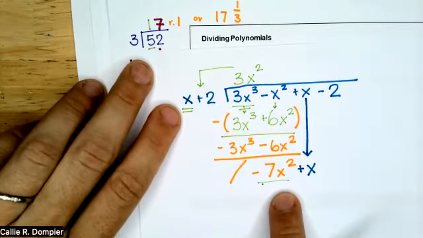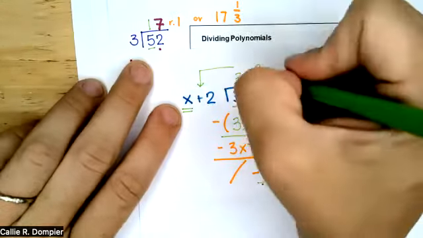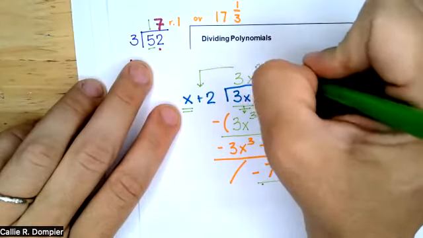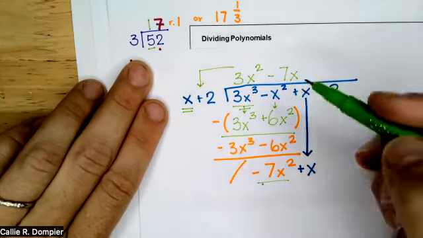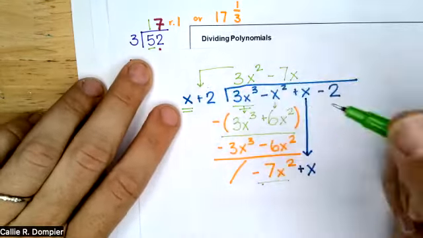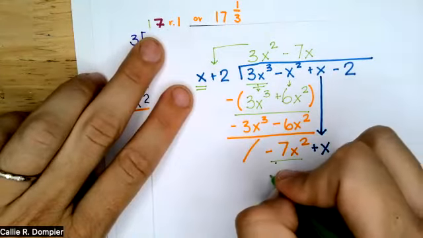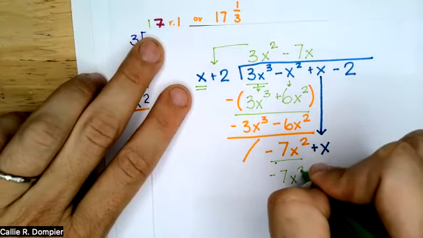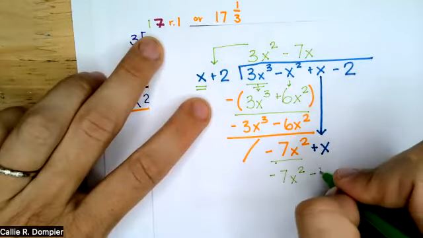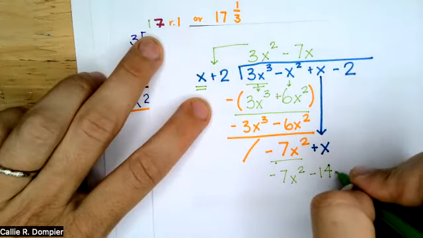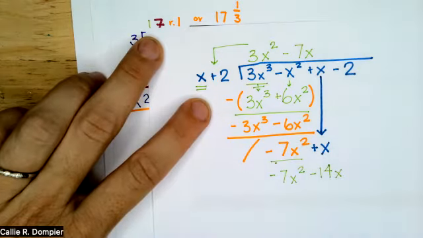What do I need to multiply x by to get negative 7x squared? Negative 7x. Good. Now I take that negative 7x, multiply it by x. Negative 7x squared. Negative 7x by positive 2 is minus 14x. Any questions?